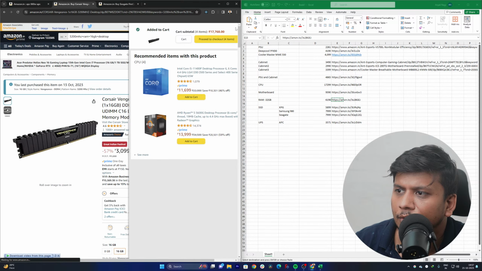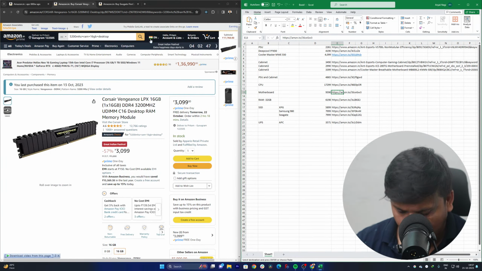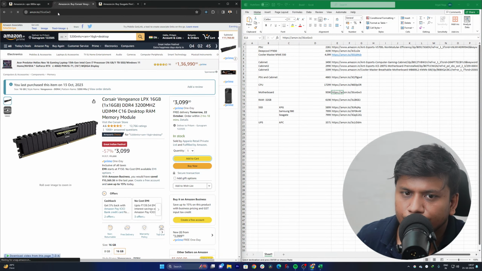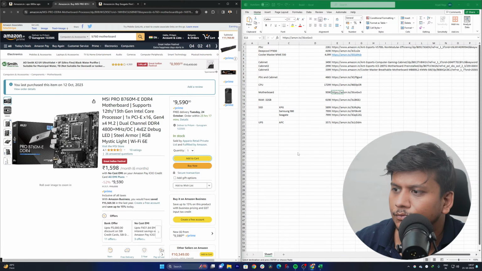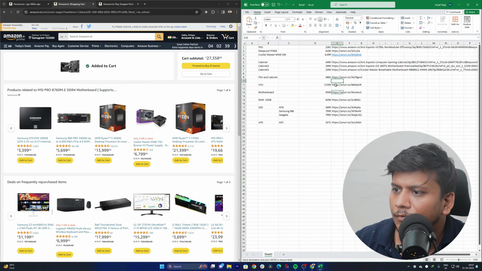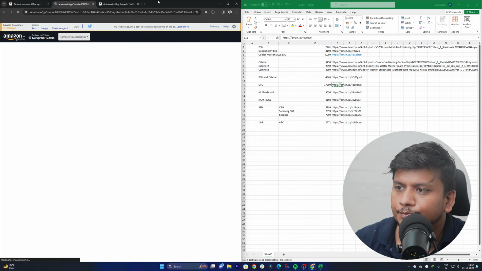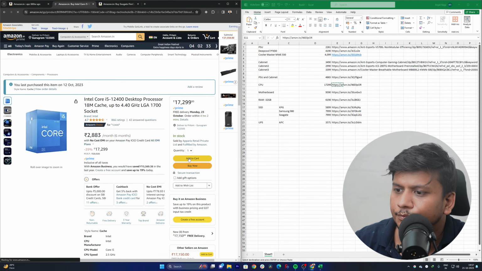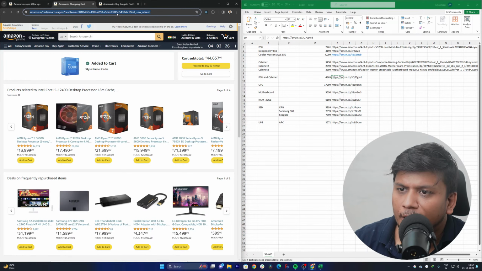Okay. Now the motherboard. Now let's add the CPU. Then we have the PSU and cabinet.